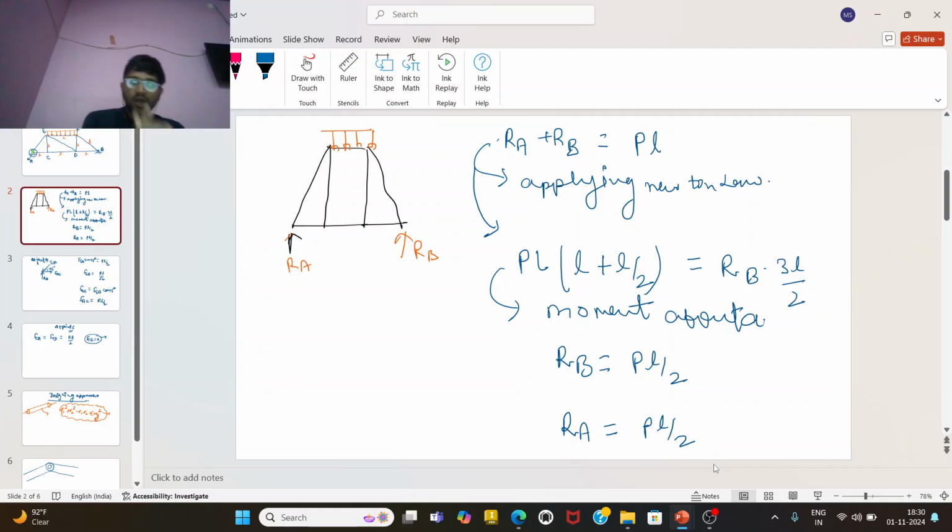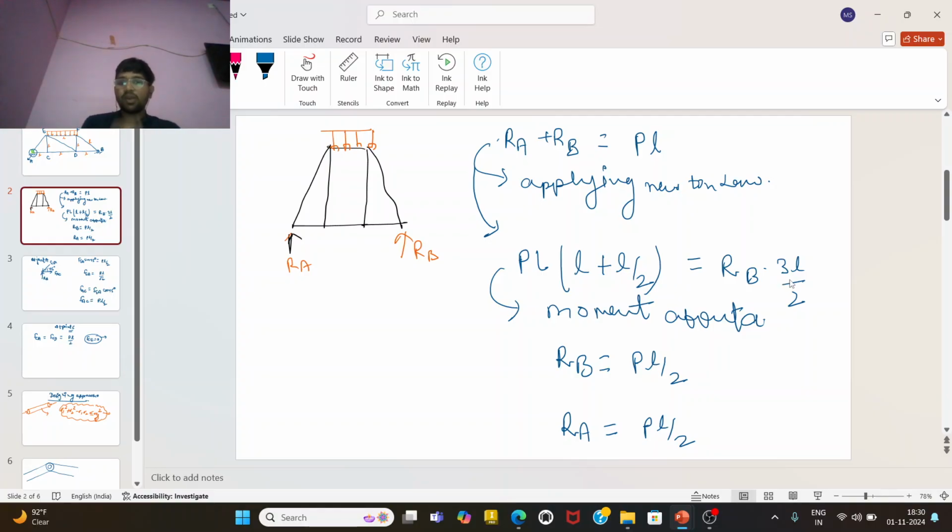RA and RB are the reaction forces, and the UDL is there. Simply apply Newton's first law on the system: RA plus RB is equal to PL. You also take a moment about point A: PL times (L plus L by 2) is equal to RB times L by 2.